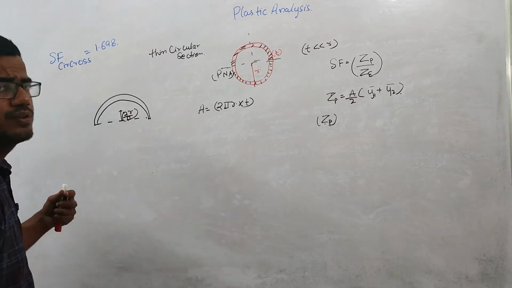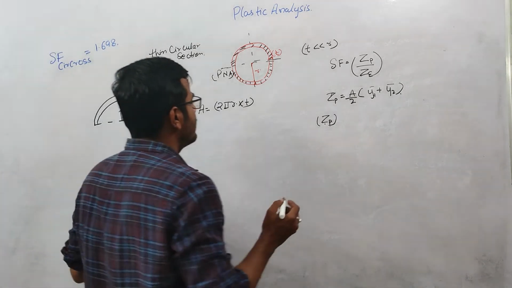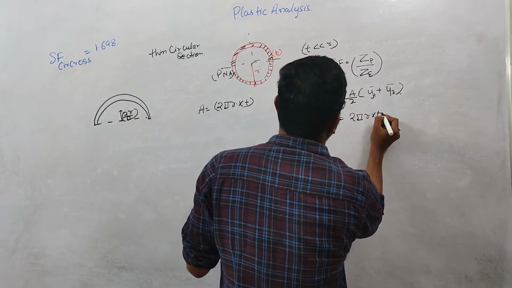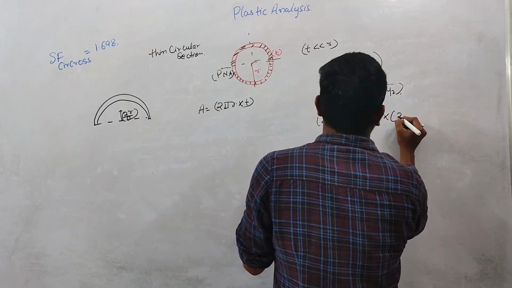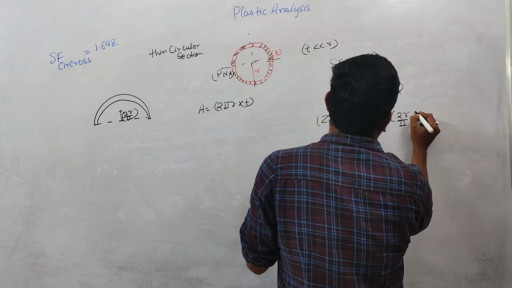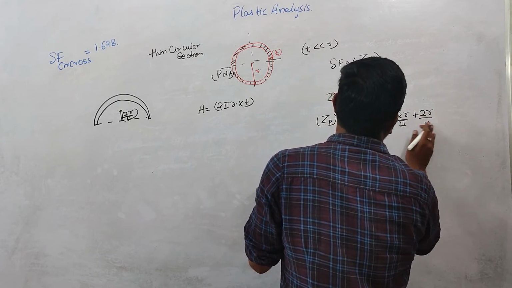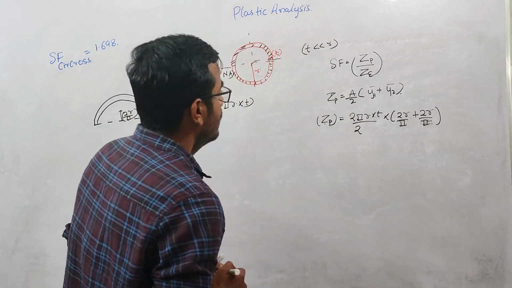Again this formula you can see in the strength of materials books, right? So Zp is basically equal to 2 pi r into T divided by 2 into Y bar, which is 2r over pi. Again this is a symmetrical figure, so the Y2 bar will also be equal to 2r over pi, right?